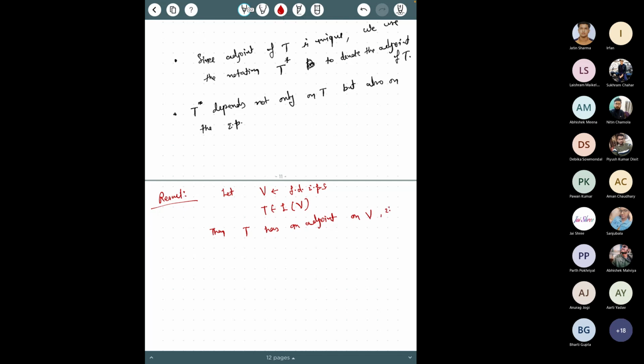That means there exists a unique operator T star, this is the notation we are using for adjoint, T star on V, such that inner product of T of U comma V is equal to inner product of U comma T star of V for all U, V in V. This is what we will prove in the next class.